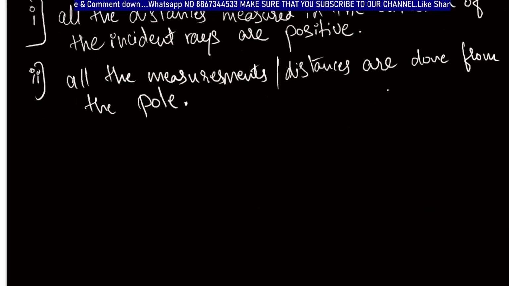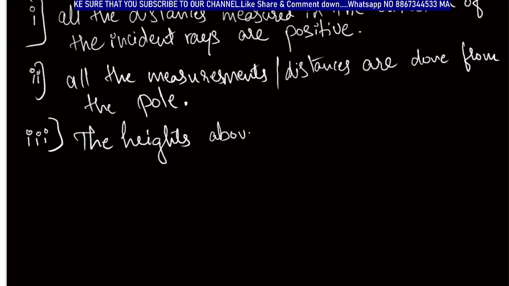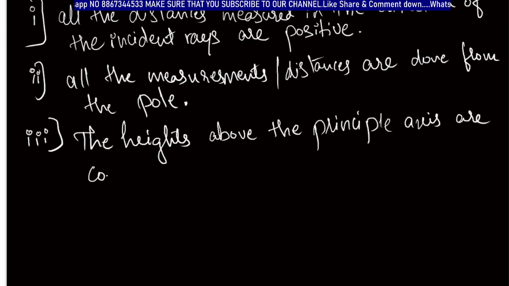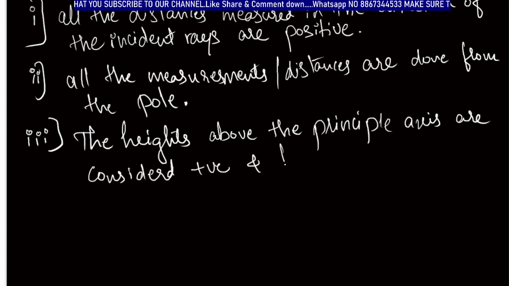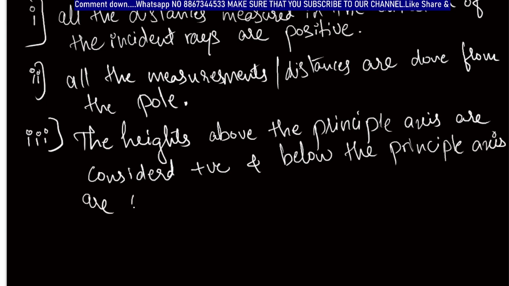The third point is that heights above the principal axis are considered positive, and heights below the principal axis are considered negative.